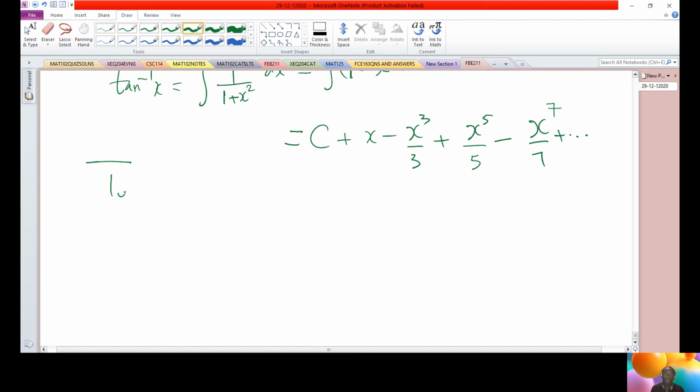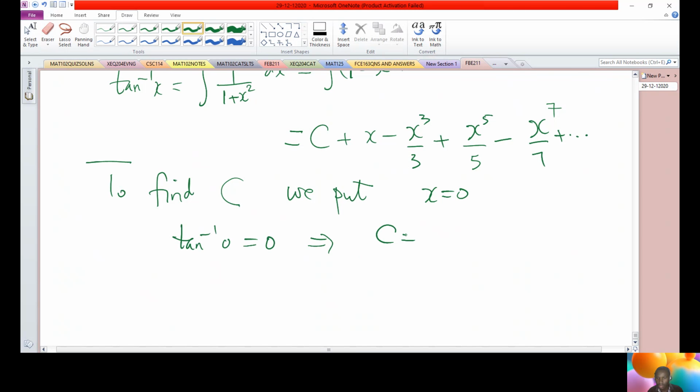Now to find the value of constant c, we put x equals 0 and obtain tan inverse of 0 equals 0, which means c equals 0.